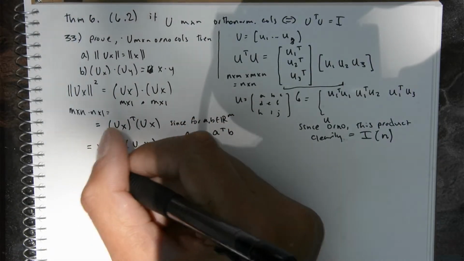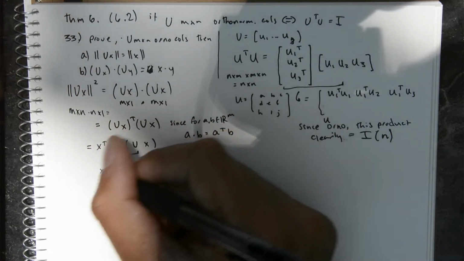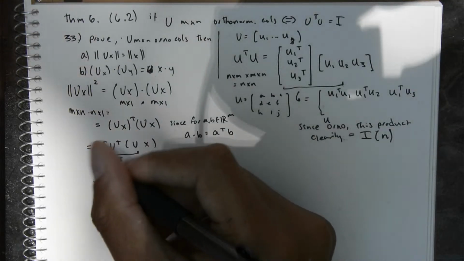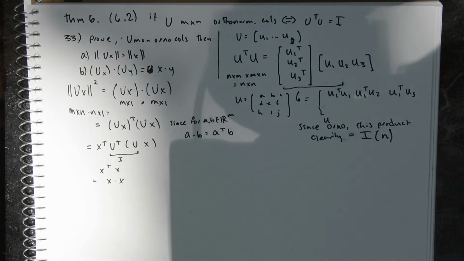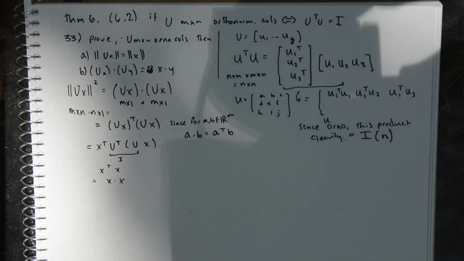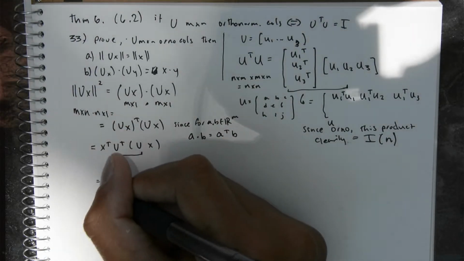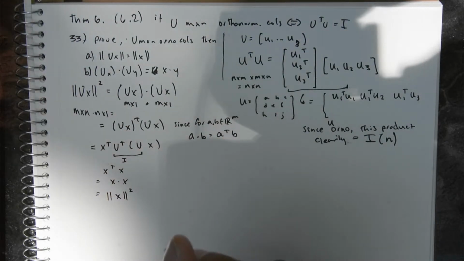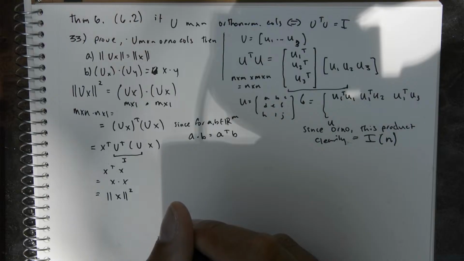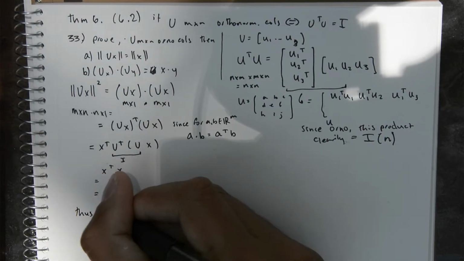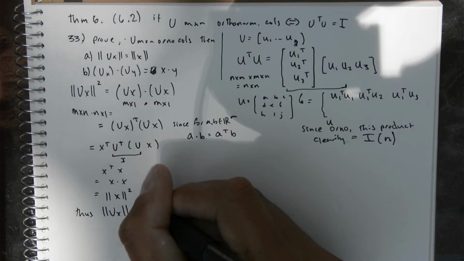So then we get x transpose x, which is equal to x dot x, which is equal to the norm of x squared. Thus, ux is equal to x.